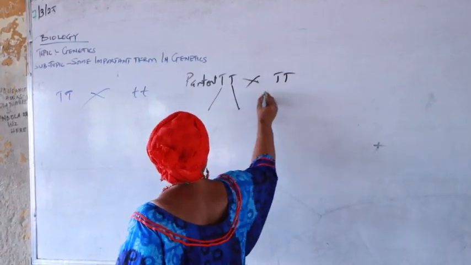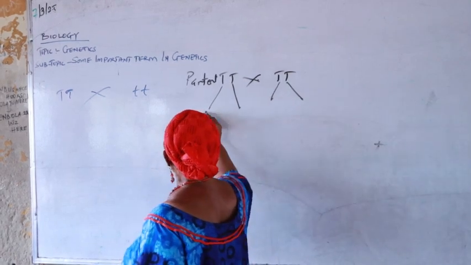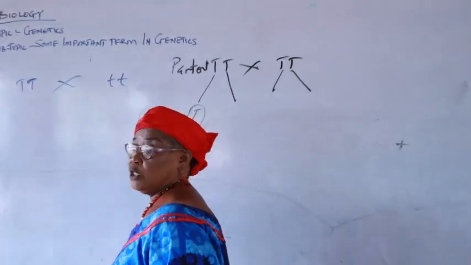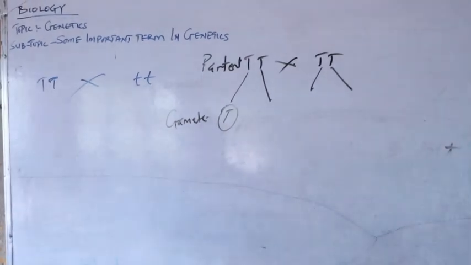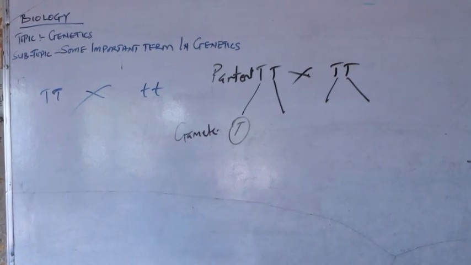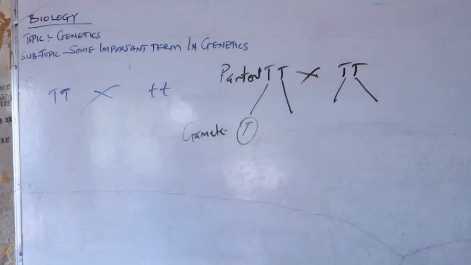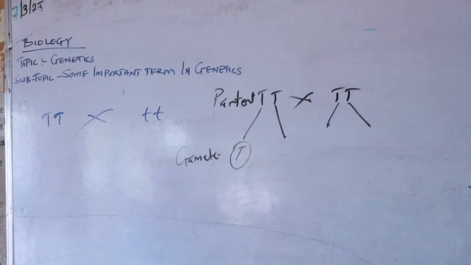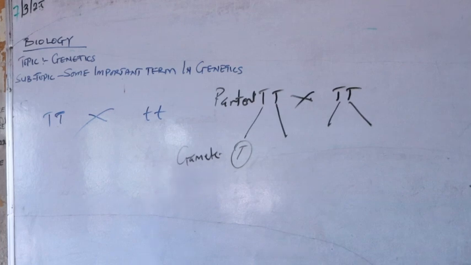And this is supposed to be the gamete. You know the way you cross in agric is different from the way you cross in biology. In order to show the gametes clearly, you must circle them.